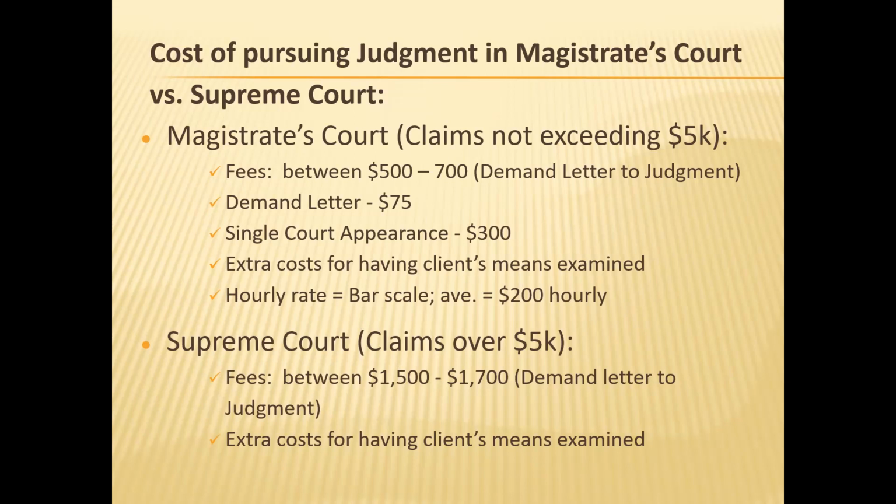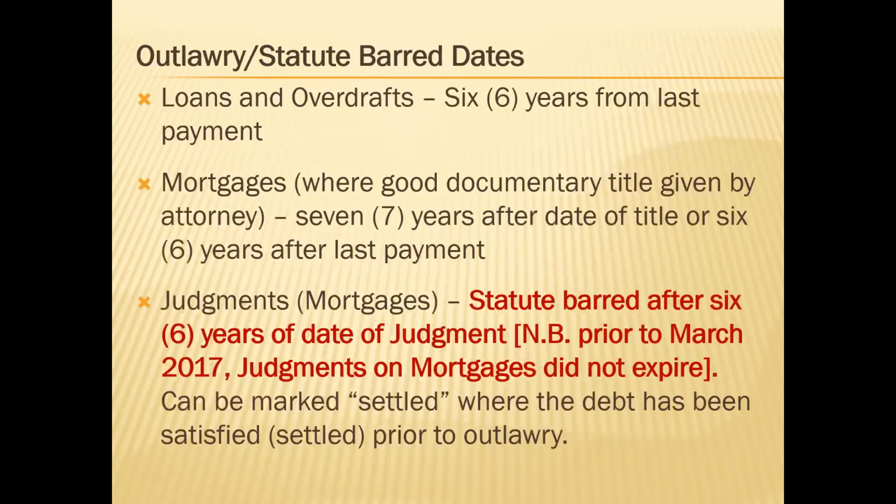Right? So now let's look at these outlawry or statute bar dates. And this is where I asked, I think it was Kendrick, to put a pin in that thought.